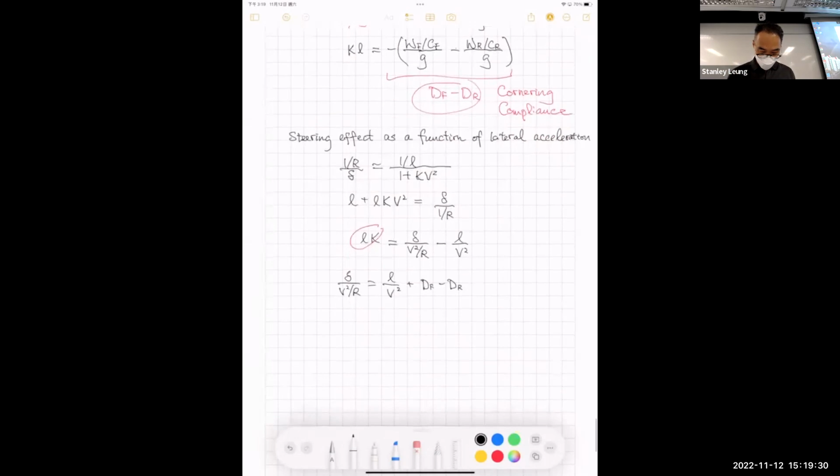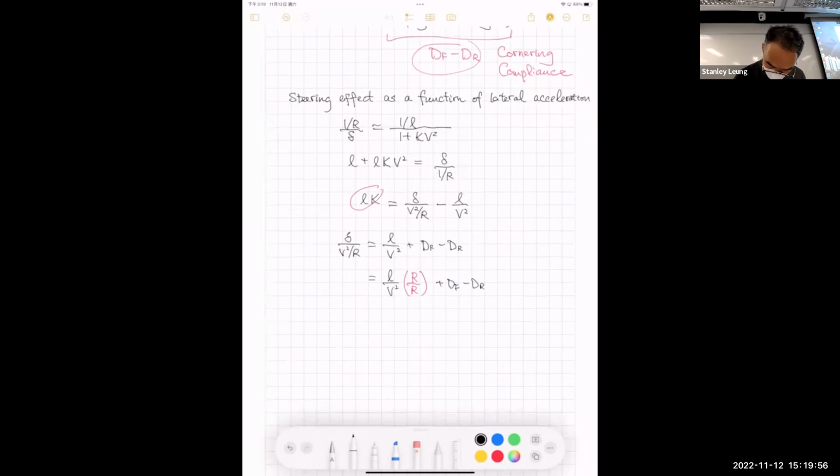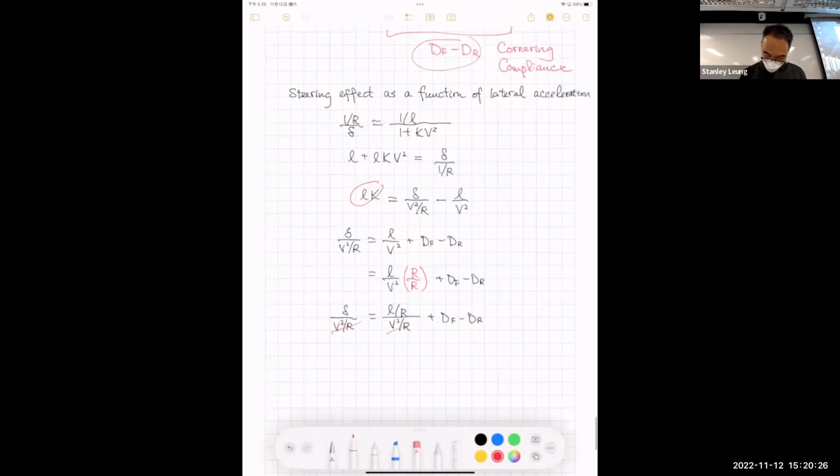Right, just substitute it. Times, then you have L over R, V square over R. So we have this trick, then we can, this is the AR, this is AR.